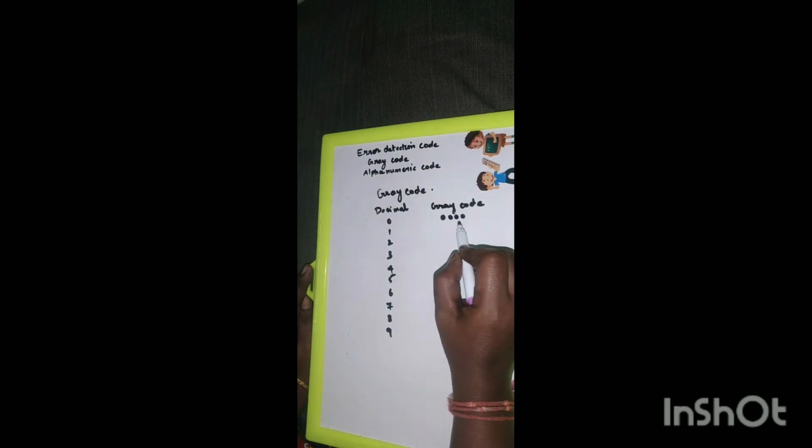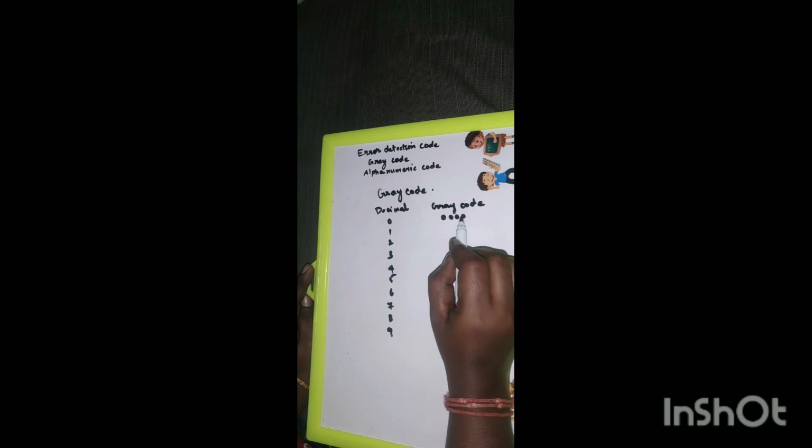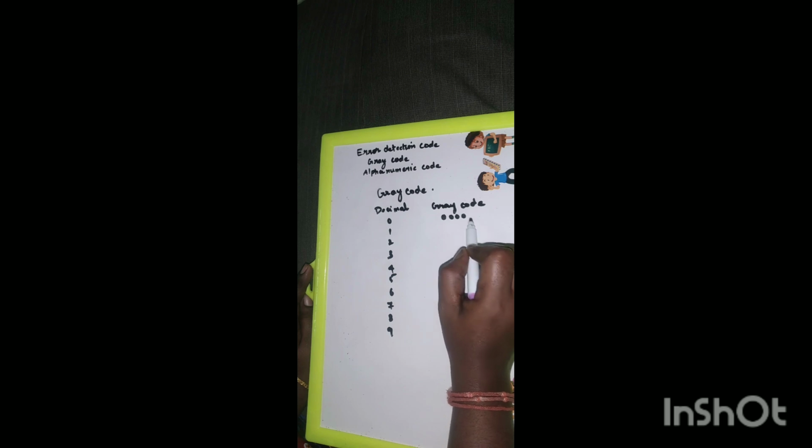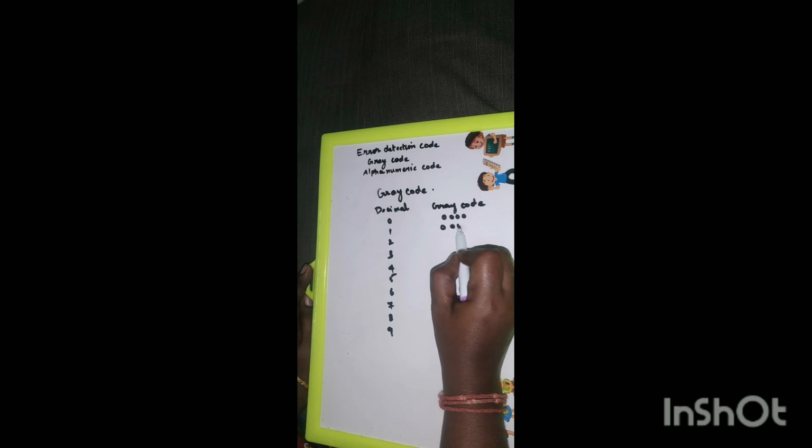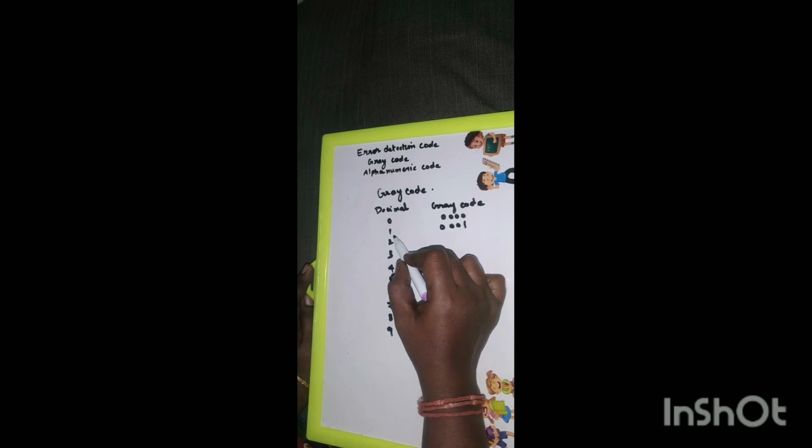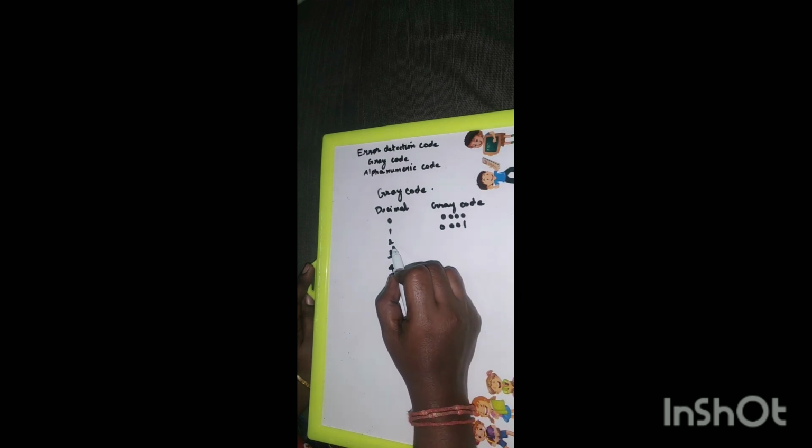For 1, I should change only one bit in the previous message, as 1 or 0. I change the least bit. Here the least bit is 0, so I change this bit to 1. Then we get the gray code for 1. The next is 2.